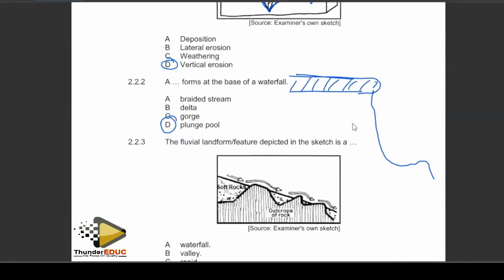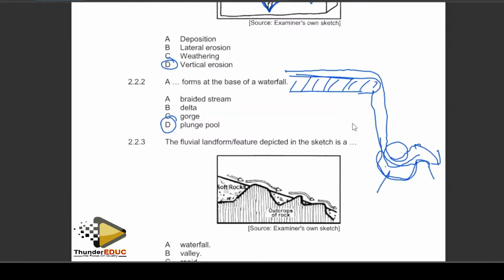So because of this, we have the river channel flowing, water flowing like that. As it gets here, the water will plunge. And as the water plunges, for it to continue, it has to circulate here. As it circulates, it ends up creating a pool here at the bottom of the waterfall.